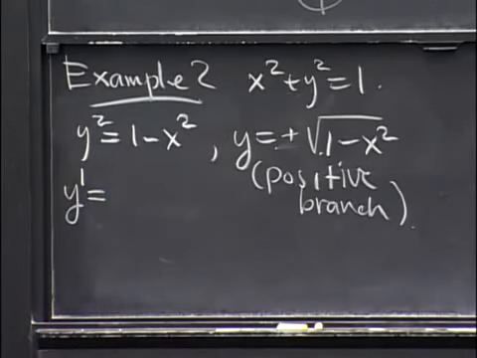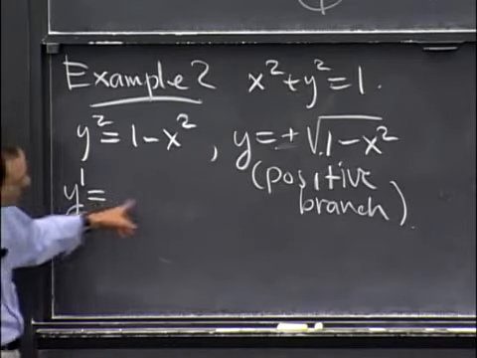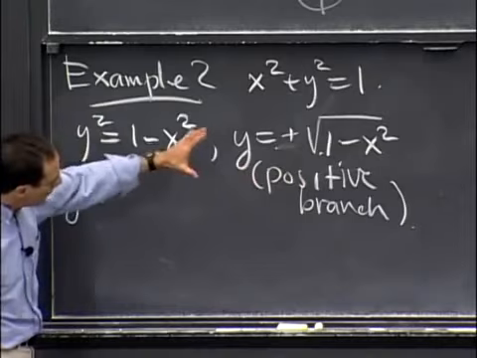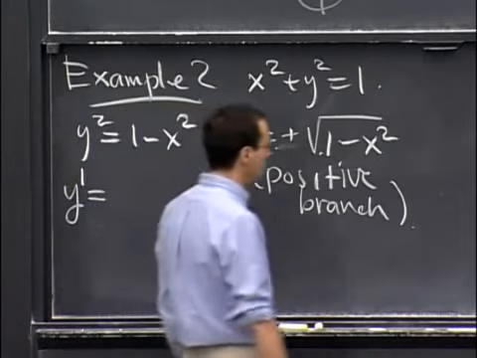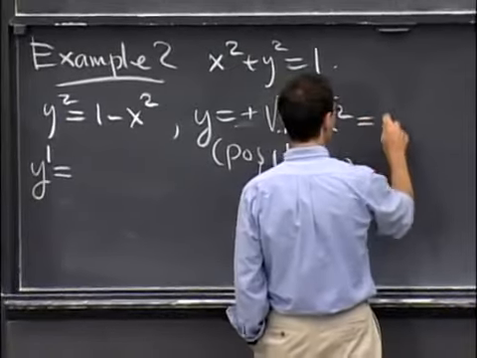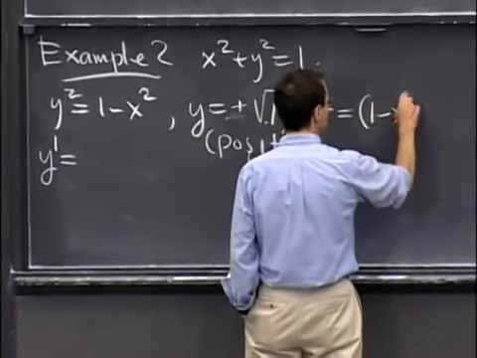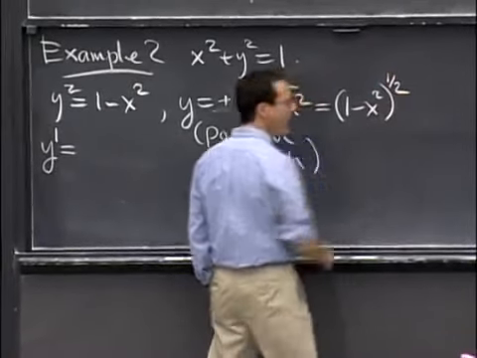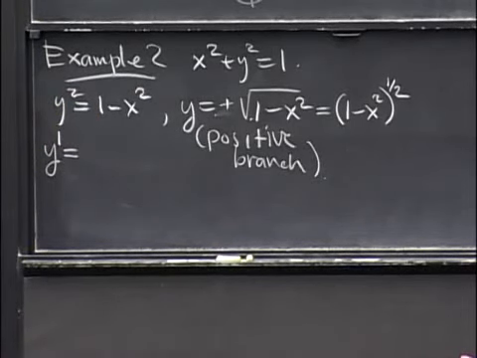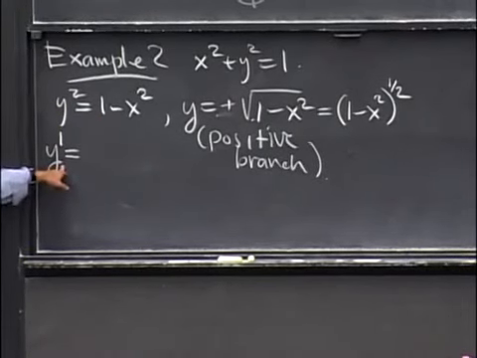Well, this is a somewhat complicated function. It's the square root of 1 minus x squared. And the right way always to look at functions like this is to rewrite them using the fractional power notation. That's the first step in computing a derivative of a square root.